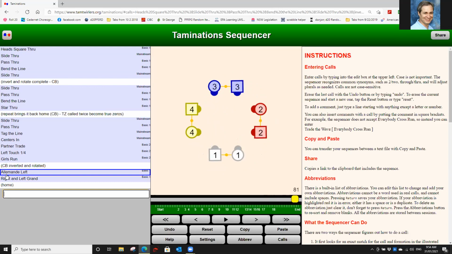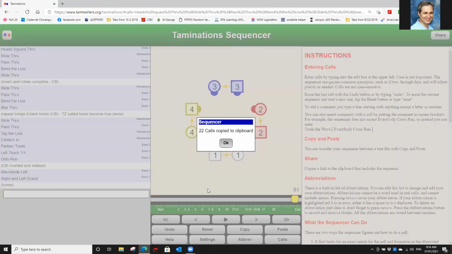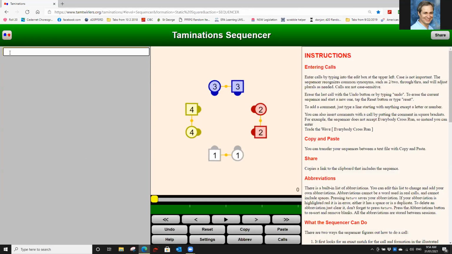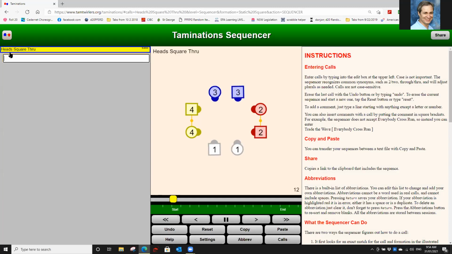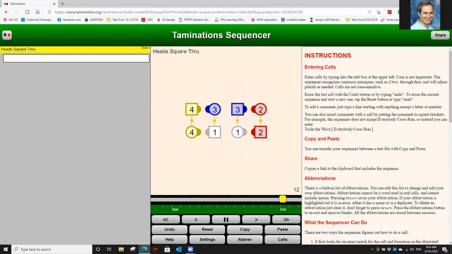So let's see. Let's try to do something else. We're going to do an end run to move in the other direction. So heads pair off again or square through or whatever you want. Okay, slide through.